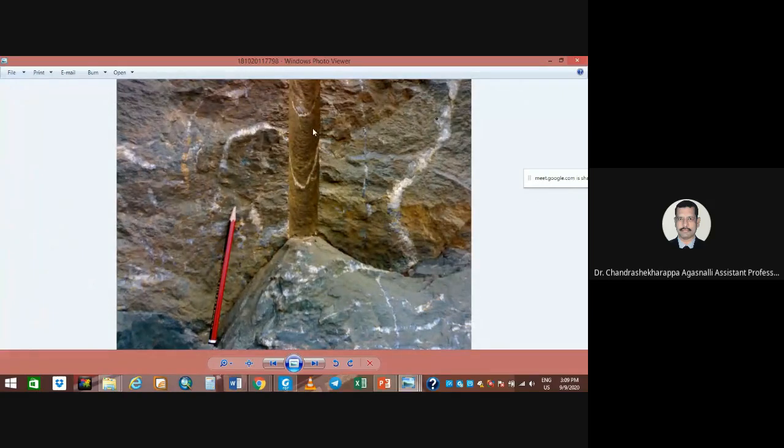When you drill for sampling purposes, you take out the core, and it's the impression of when you blast it, and you can see this type of imprints in that. See here, somebody has drilled for sample collection, and they take out the core, and it's left behind like this.